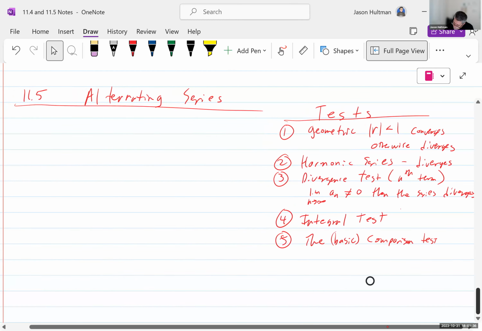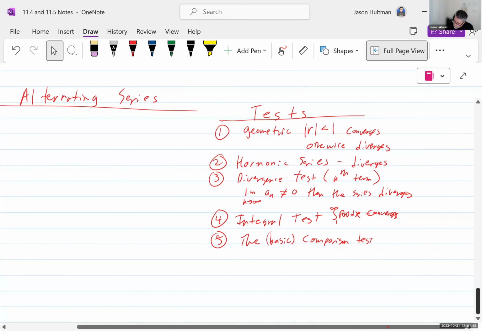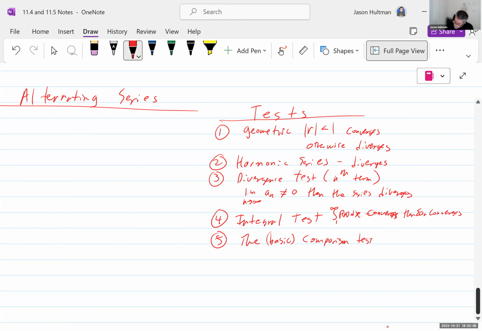That if the integral of f of x dx from 1 to infinity converges, then the summation of a sub n converges.